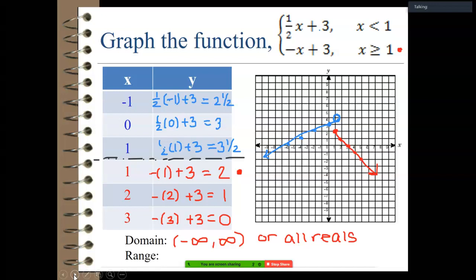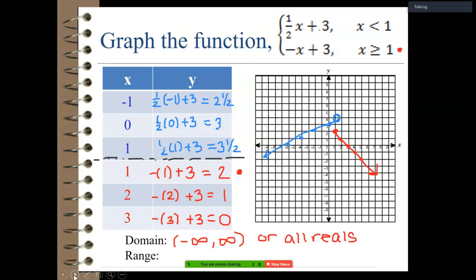What is my range? The range are the y values. Well, if I look at this graph, my y values, both arrows are going down, so everything in the negative region is covered. But then the highest point on my graph is right here at that open circle.